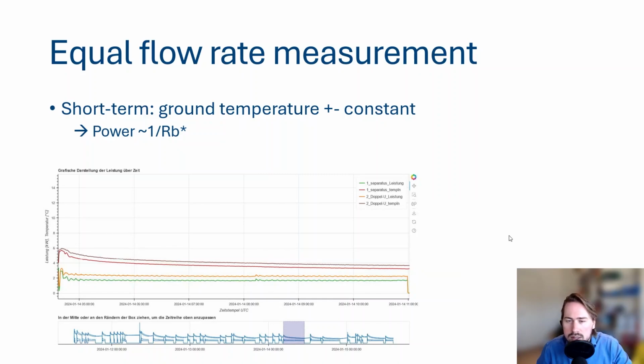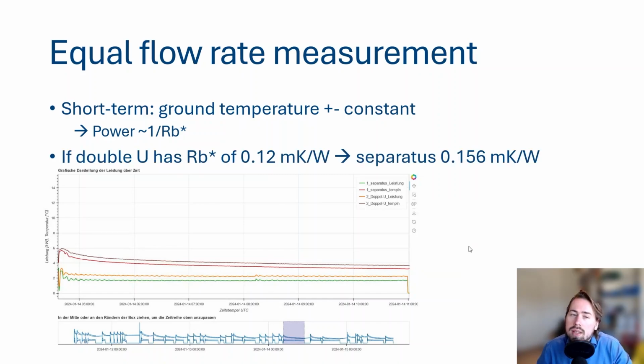So let's assume that the double U-tube has an effective borehole thermal resistance of 0.12 meter Kelvin per watt. Then we know that the Separatus is 0.156, due to the ratio between the powers which were measured with our system.